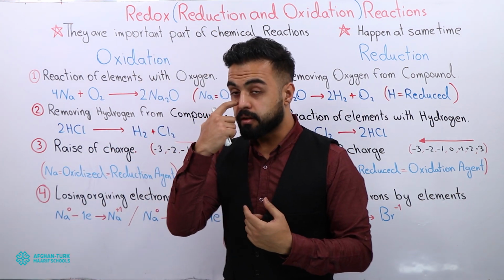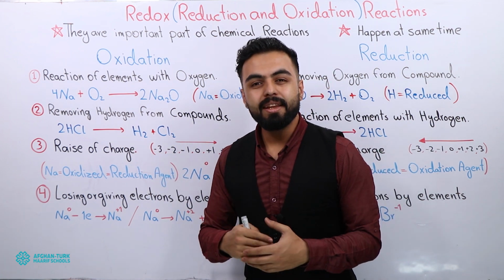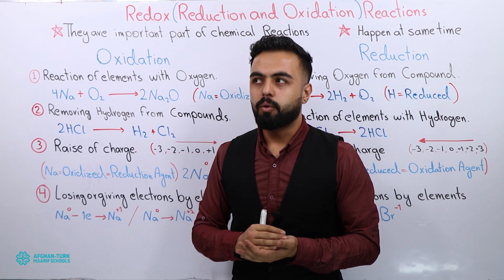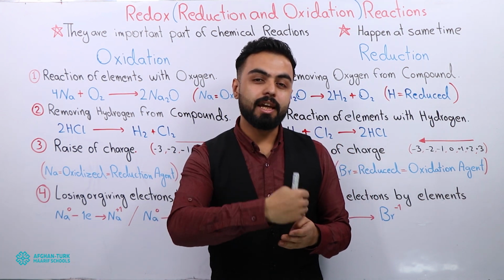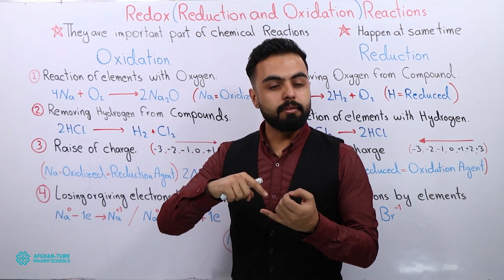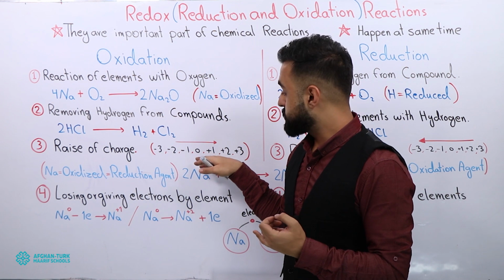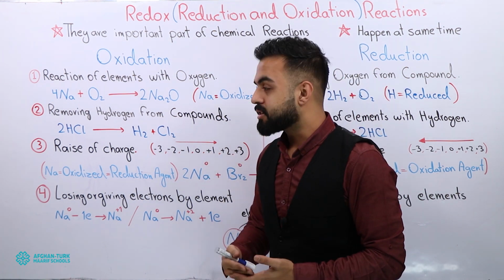Let's go to the third one. Raise of charge. When the charge increases in an element, or there is a reaction, and in that reaction the charge of an element increases, for example, from negative charge to 0, and then from 0 to positive, that is called oxidation.